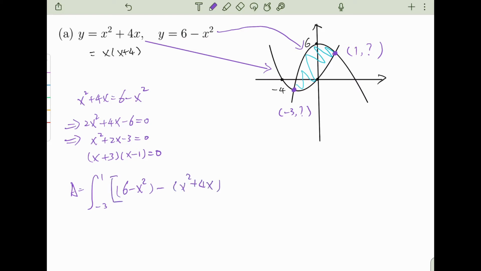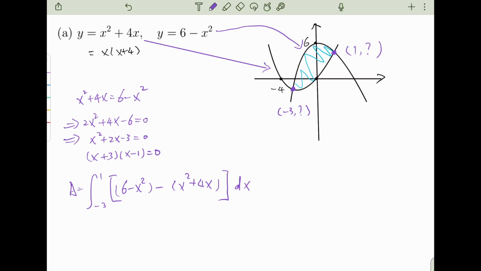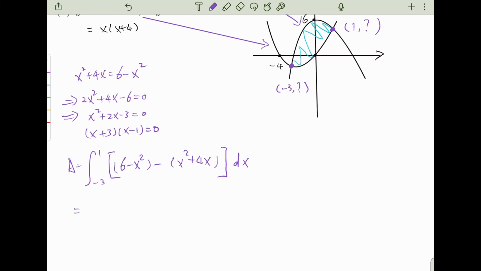Okay, do this dx, and that becomes 6 minus 4x minus 2x squared, right, dx.